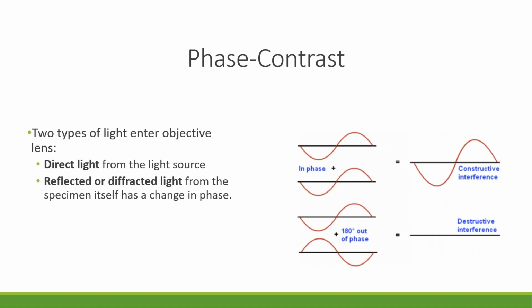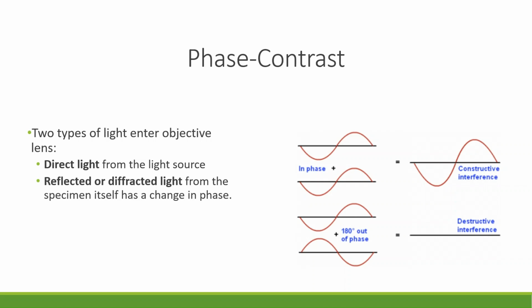The same idea applies to light waves. Remember that light refracts as it passes through an object. In typical bright field microscopy, this refracted light creates the shadowing because it doesn't reach the objective lens, and so it's removed from the image. In phase contrast microscopy, the refracted light and direct light are carefully manipulated to interact with each other.